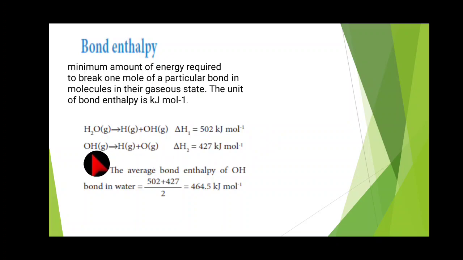The bond breaking between oxygen and hydrogen requires 427 kilojoule per mole. So the average bond enthalpy of OH bond in water is 502 plus 427 divided by 2, equal to 464.5 kilojoule per mole.